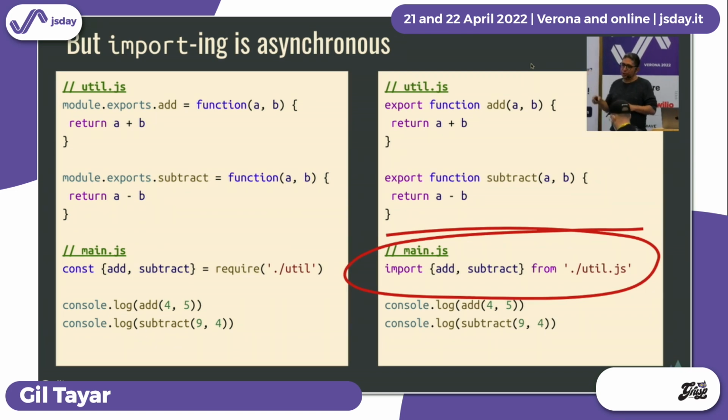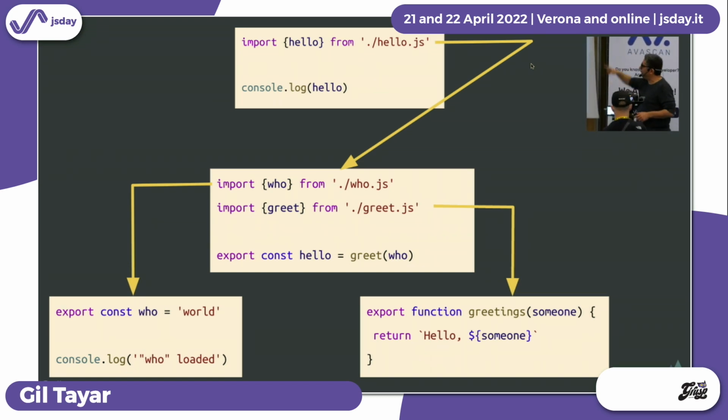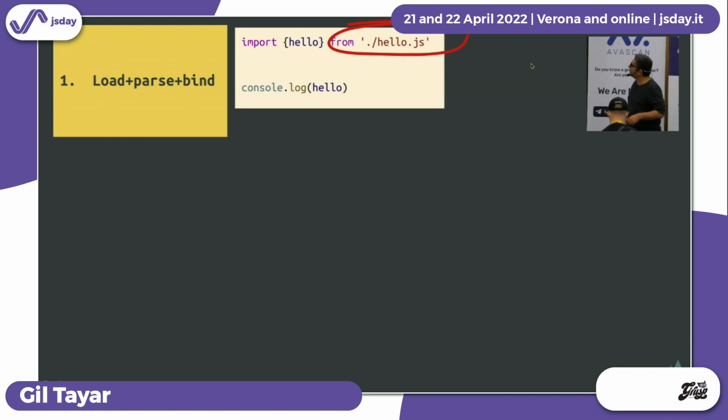When I do an import, you don't see it. You don't need to do an await because it's part of the language. But when I do an import, that module is loaded asynchronously, and we'll see that now. Let's give an example. We have the top-level module loading another module, and that's loading two other modules. Okay, importing. Let's see.